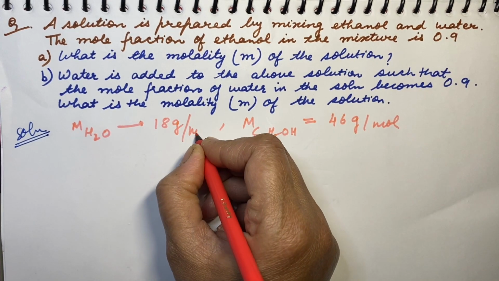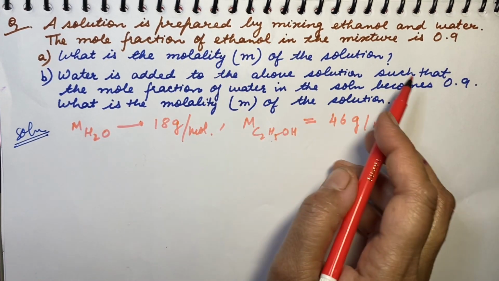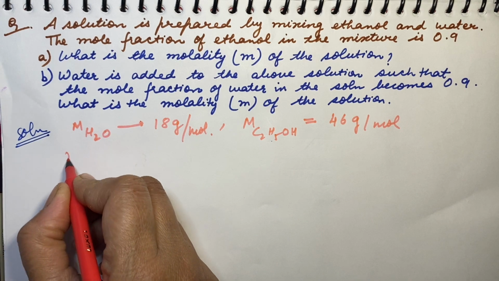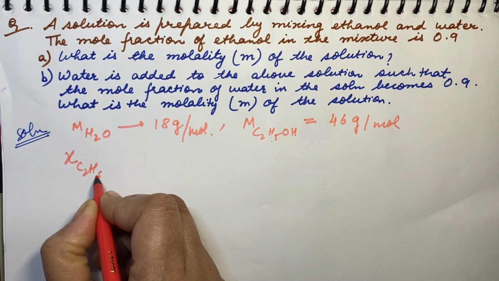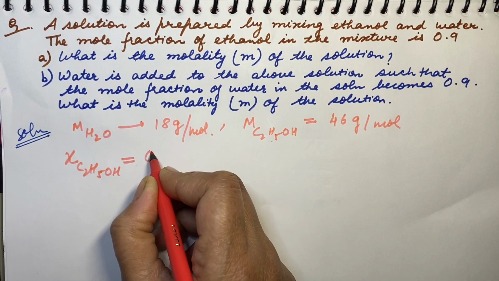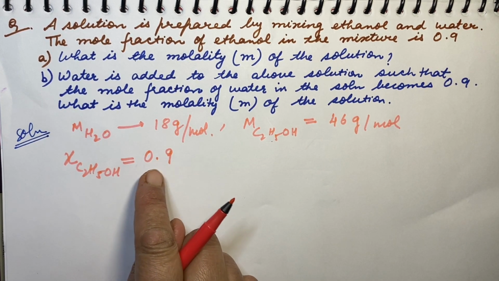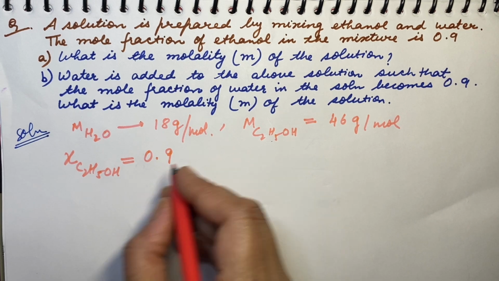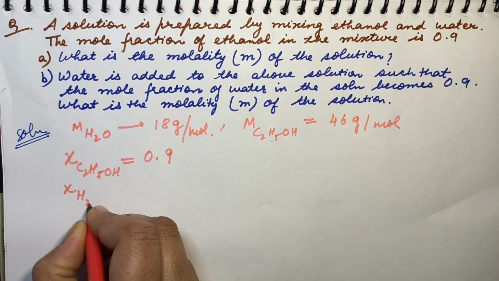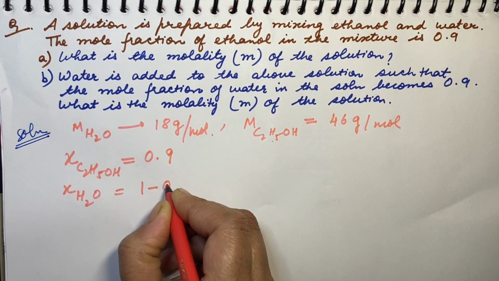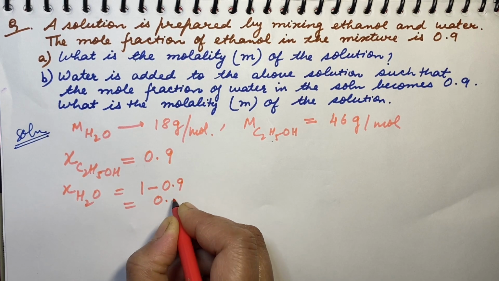In the question, the mole fraction for ethanol is given as 0.9, so we can calculate the mole fraction for water, which is 1 minus 0.9, that is 0.1.